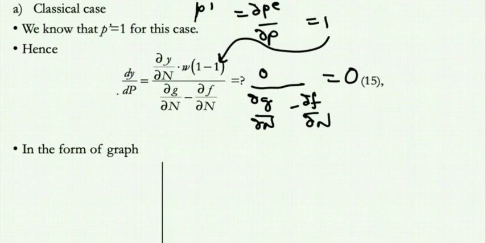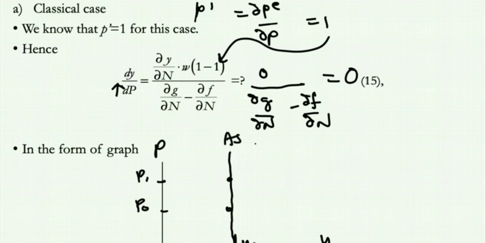So that means an increase in price doesn't change income. So if you put price here and output here, income at Y0, price at P0, then price increases, income is still maintained at Y0. So what can you say here? Aggregate supply is a vertical line for the classical case.